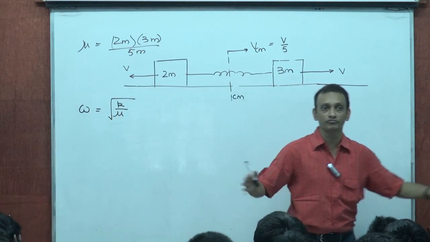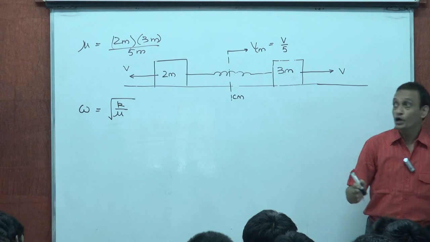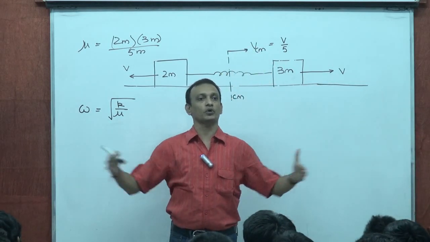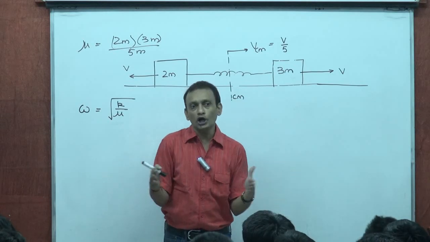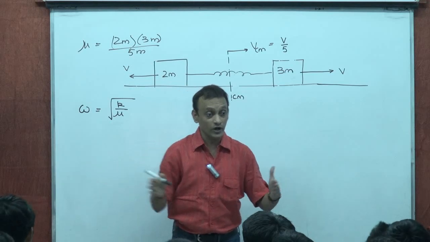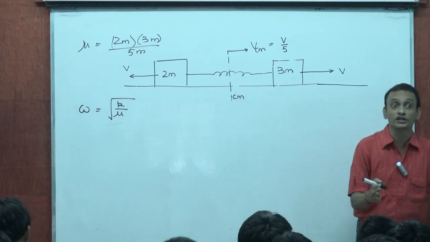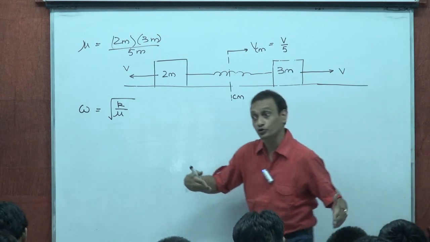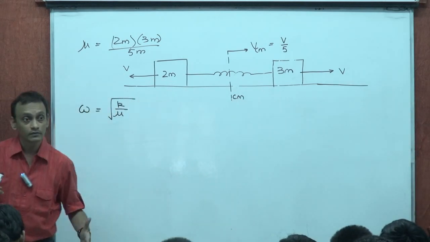This is how it's going to move. Just physically imagine this is how it would move. But if you are sitting on the center of mass, then this is what would happen. Pure oscillation from the center of mass perspective. In the ground frame, there would be translation as well as oscillation. That is how this system would physically respond. You know what I'm saying? Right?